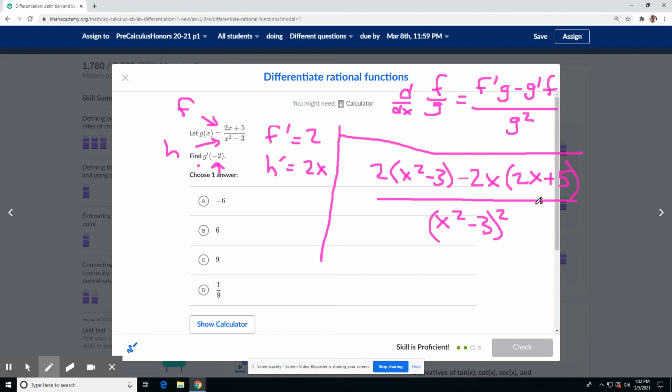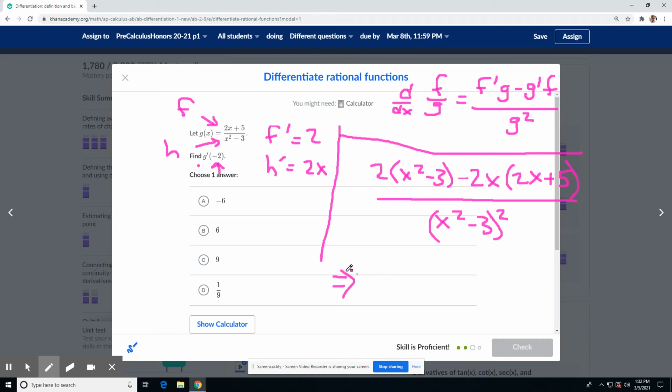That would probably be a lot easier than the method I'm going to do, which is, since I've already done all this work, I can plug in -2 now and then simplify, and I think that's what I'm going to do. So this is the long way, the hard way. But that's fine, at least we're showing multiple methods here.